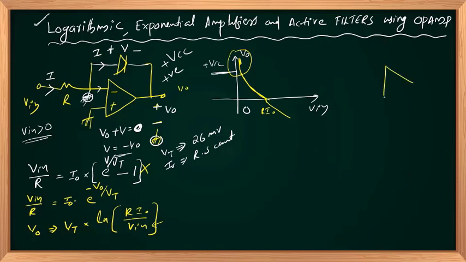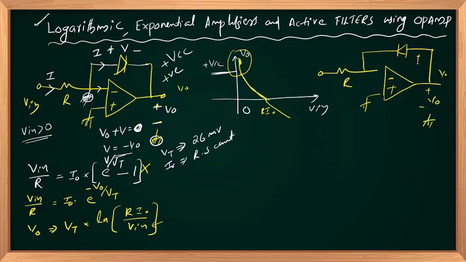Same op-amp, negative, positive, grounded, R, and the diode is connected like this. Now V out is this, V out with respect to ground, and V is nothing but V out itself.